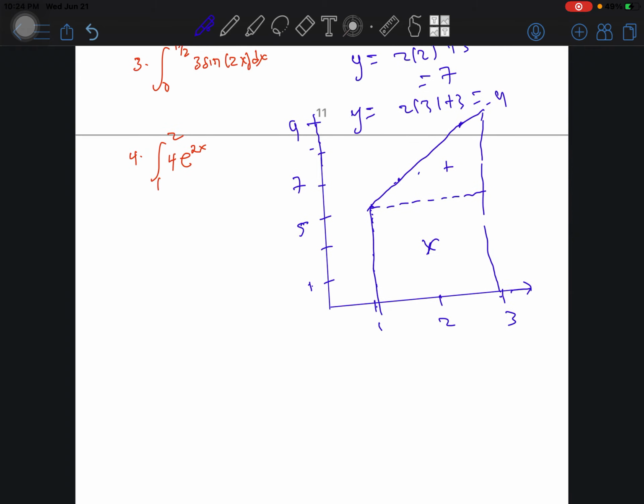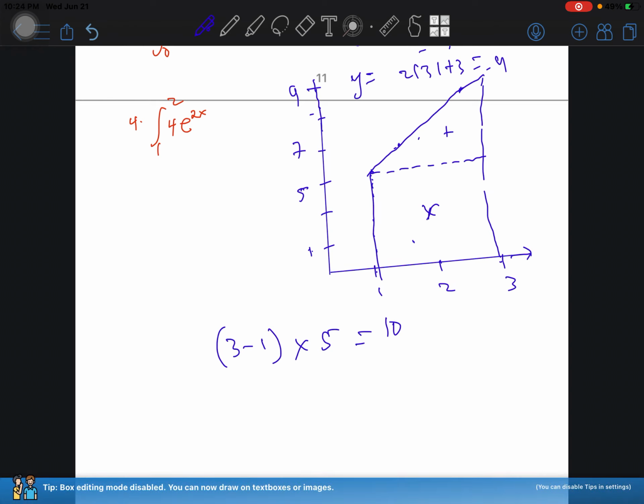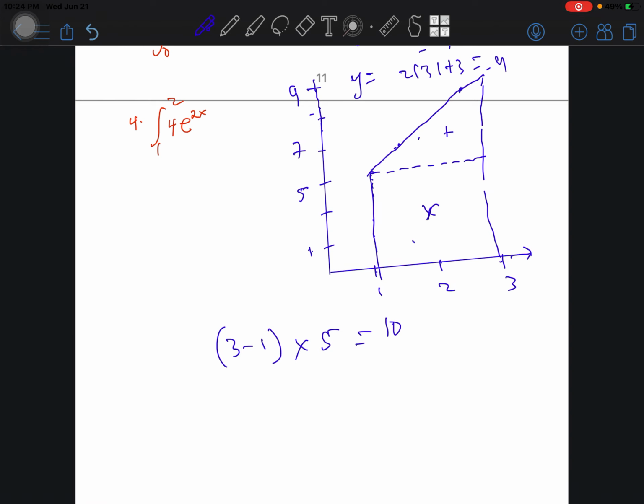The area of this rectangle is 3 minus 1, which is 2, multiplied by the height 5, so we get 10. For the triangle, when we put 1 inside here we get 5, and when we put 3 inside here we get 9.